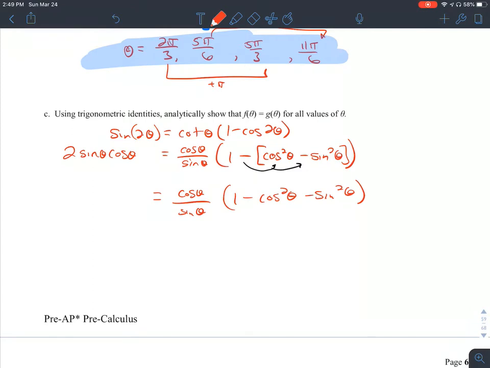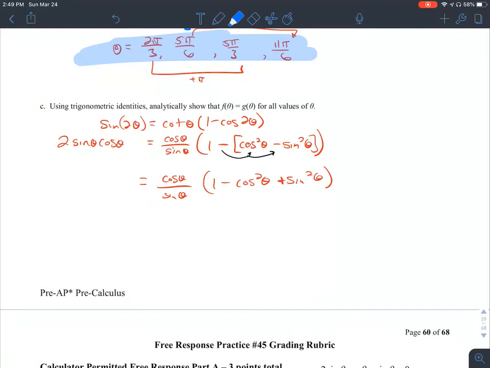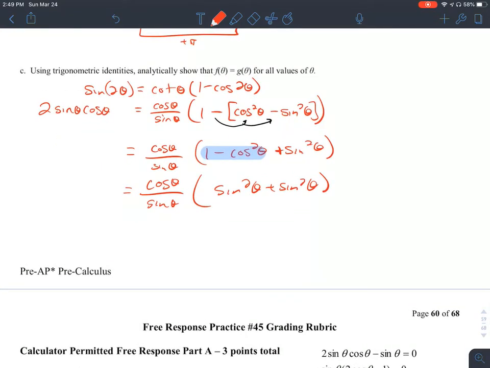I'm sorry, that makes that plus, not minus. Distributing this minus makes that a plus. This is the same as sine squared of theta. Now we got 2 of those.